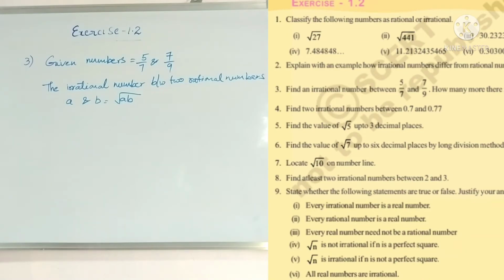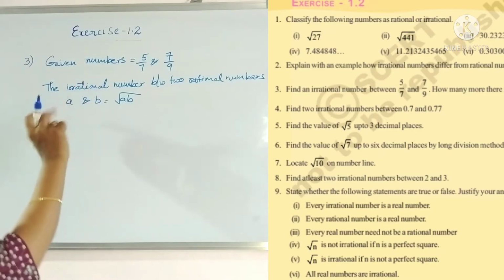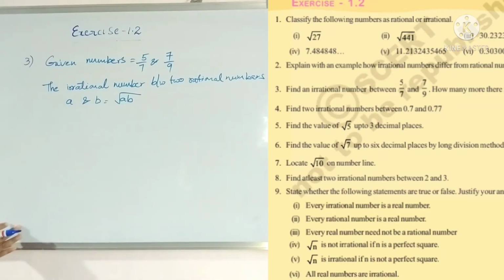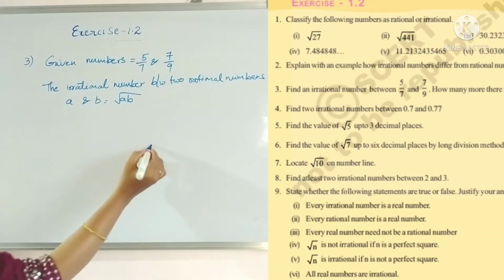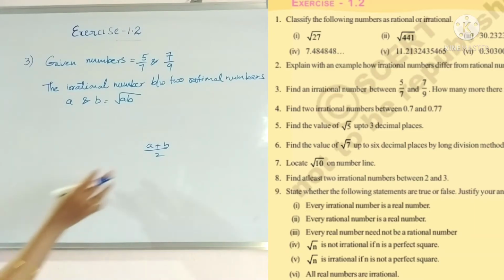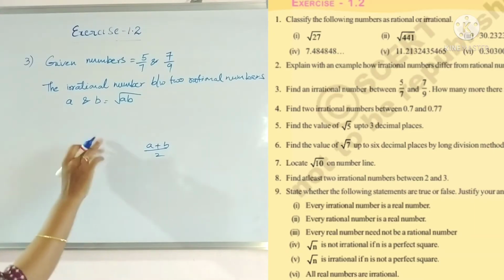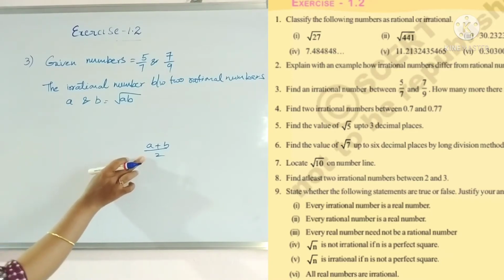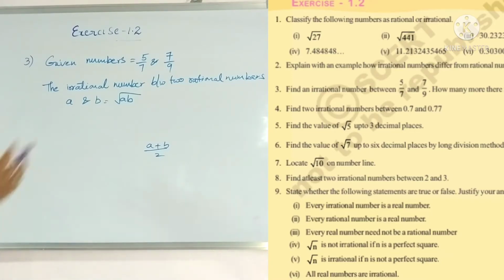So if we want to calculate one number between any two rational numbers, then the formula is square root of A into B. If we want to find a rational number between any two rational numbers, then it is the mean of those two rational numbers, right? In your previous class, in your 8th class, you already learned this. Okay, now here root AB.